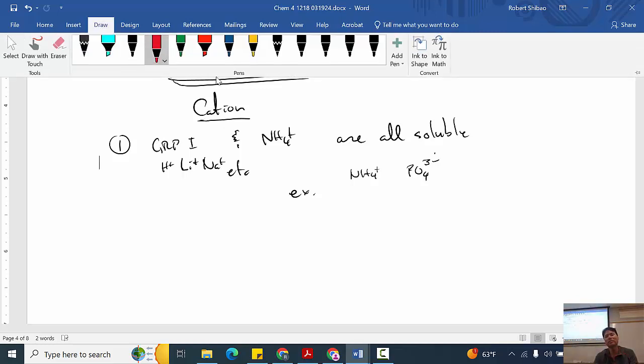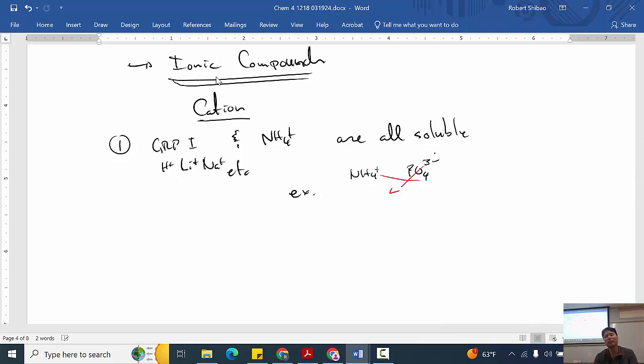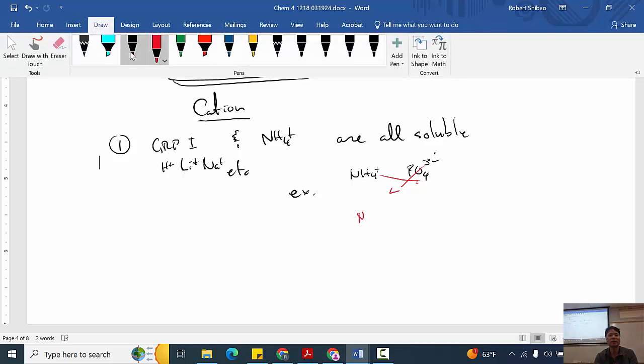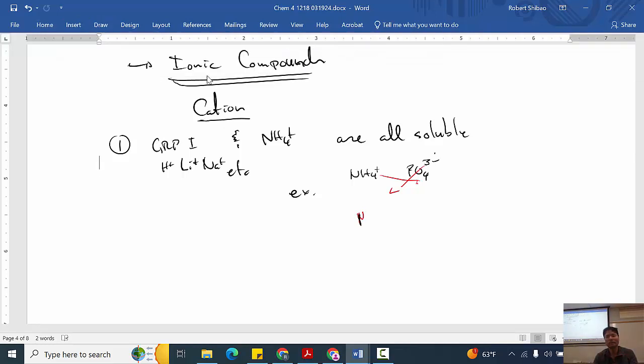I could use the simple cross multiplication rule. How many ammoniums? 3. How many phosphates? 1. So if I'm looking at solid ammonium phosphate, is that soluble or insoluble? Well, they're all soluble, so we'd say it's soluble.